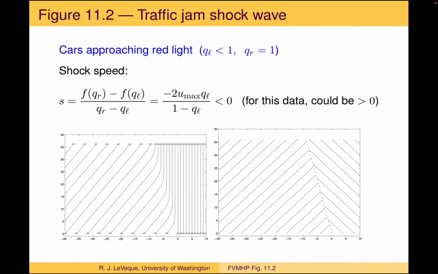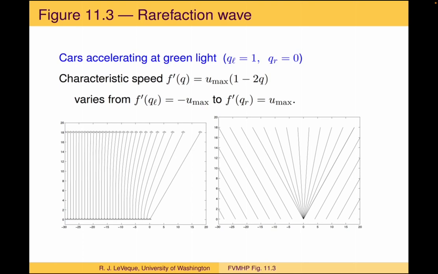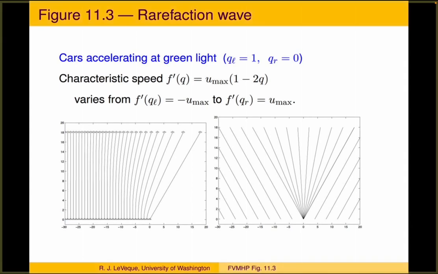And the other case that we'll talk about more in the next lecture is a sort of complementary case, if we start with initial data where it's bumper to bumper to the left, but there's no traffic at all to the right. So that would be like a line of cars that are sitting at a stoplight that turns green, and now when it turns green, the first driver can immediately drive off at the speed limit, Umax, because there's nobody in front of them.